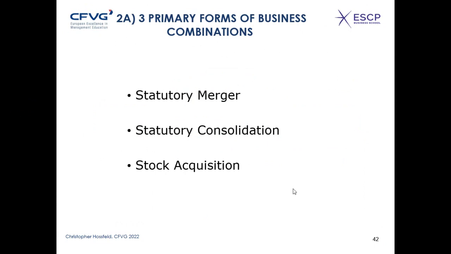We have here on this slide three primary forms of business combination. And when I say forms, that means legal forms. I apply here US terminology. So we have three forms of business combination: statutory merger, statutory consolidation, or stock acquisition.